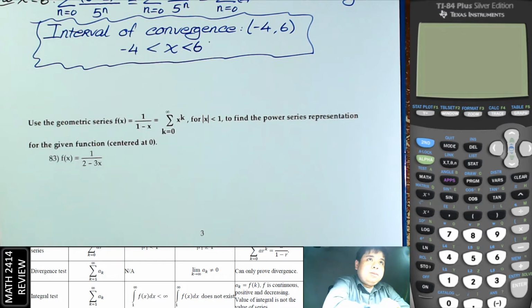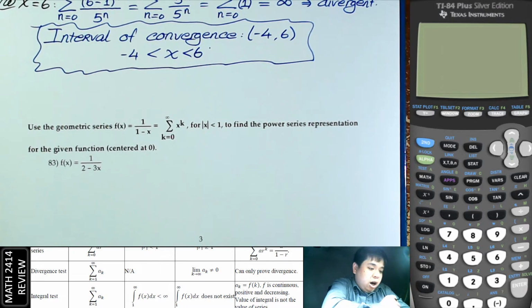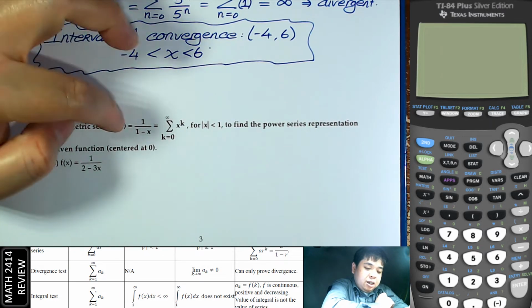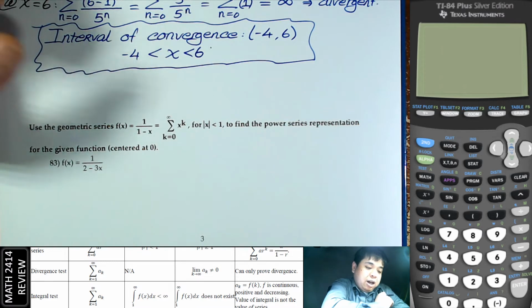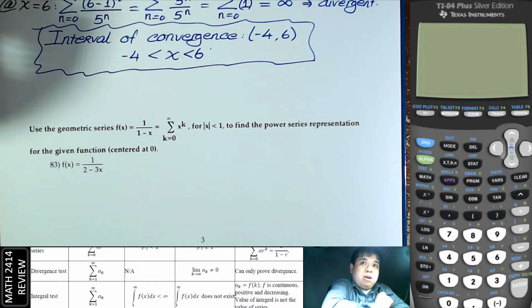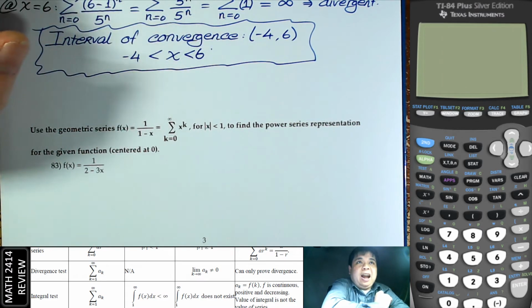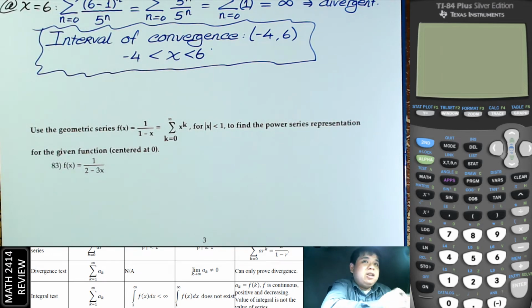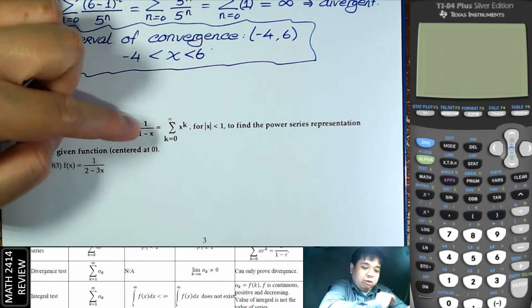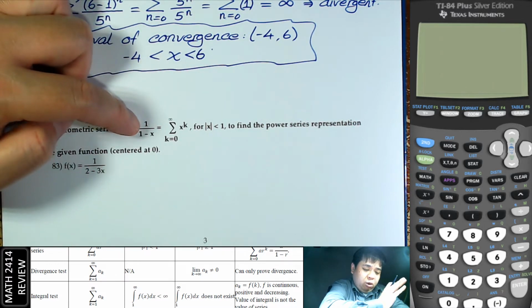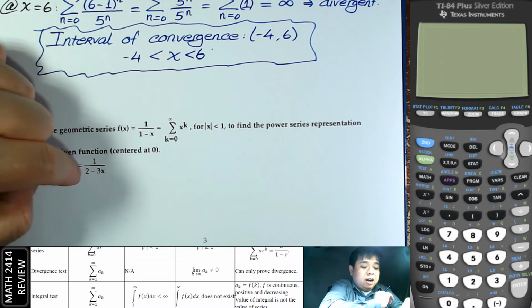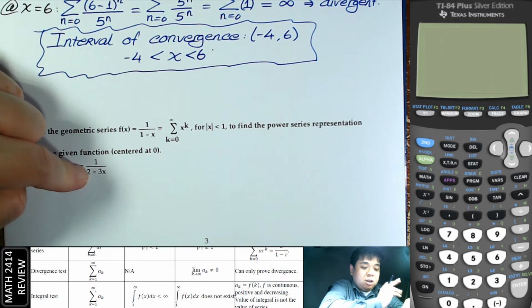The next question says to use geometric series to represent this. Of course, we have the formula, and when we have the formula, just make sure that it is in the right form so we can use the formula. The form has 1 on the top, and then we have 1 at the bottom, subtract something.